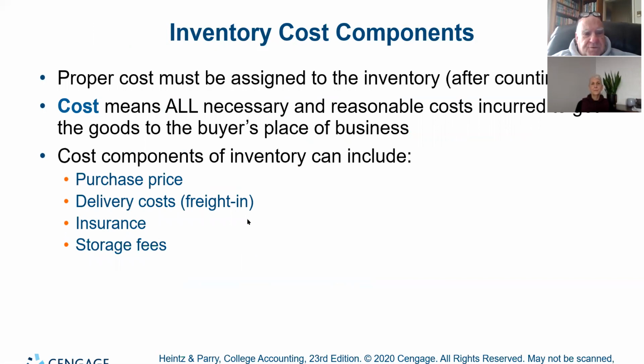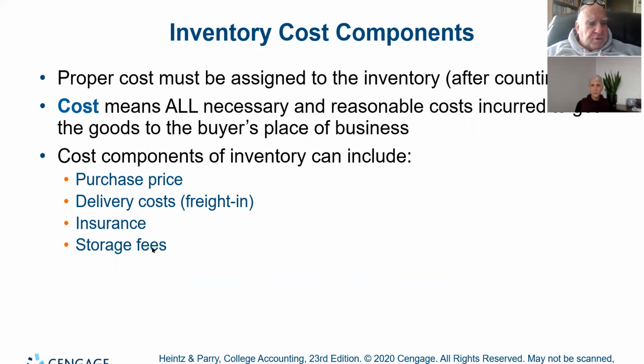Inventory cost components. The purchase price is part of the inventory cost. Under the perpetual system, as we just learned, so is the freight. So might be insurance covering the delivery of the goods, okay?